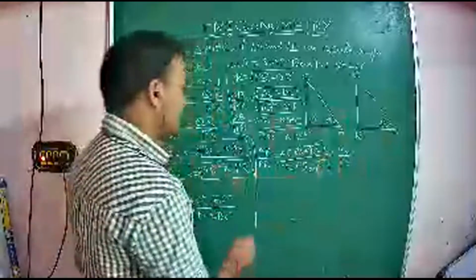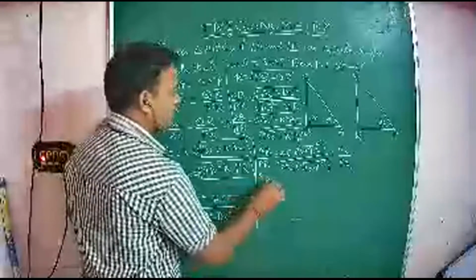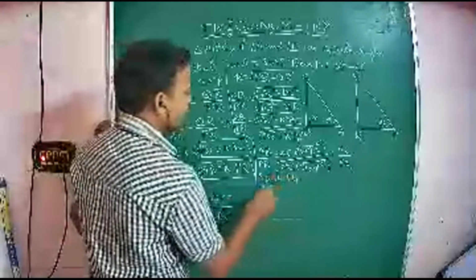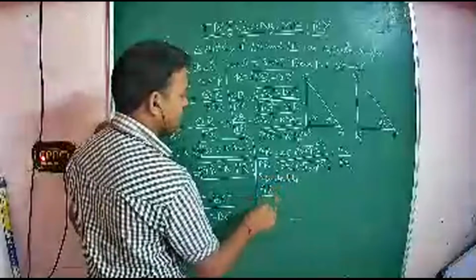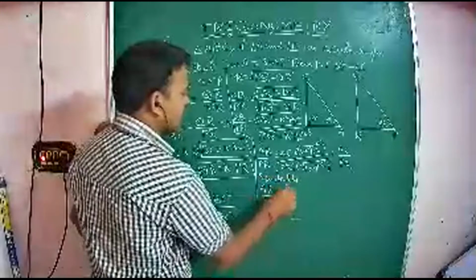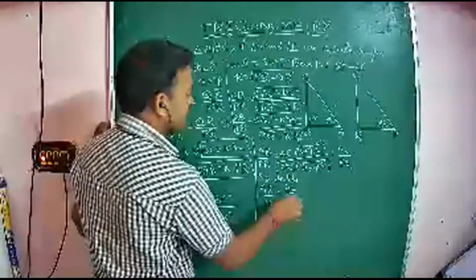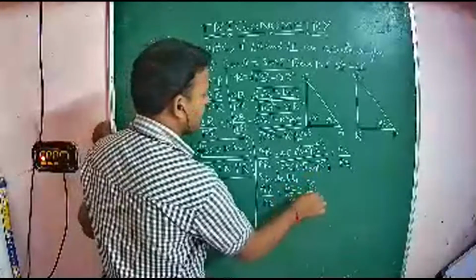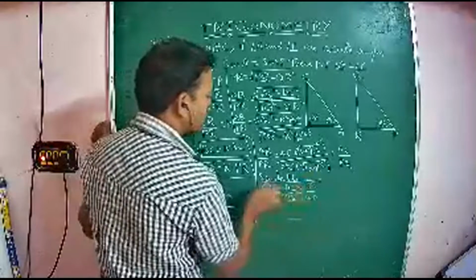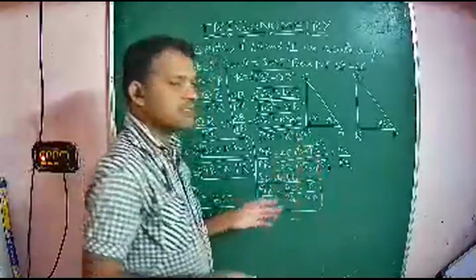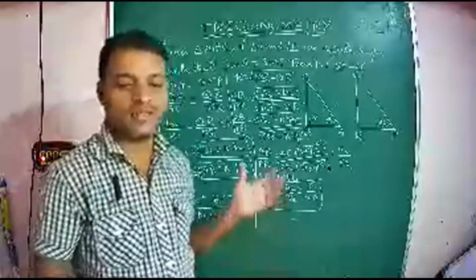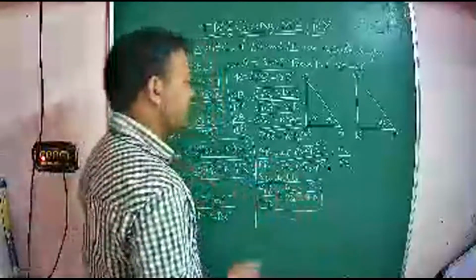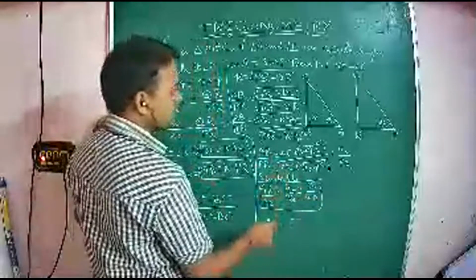Similarly, AB by PR is equal to AC by PQ is equal to BC by QR also. So now in the two triangles, all three sides are proportional. Sides are proportional means definitely angles must be equal.